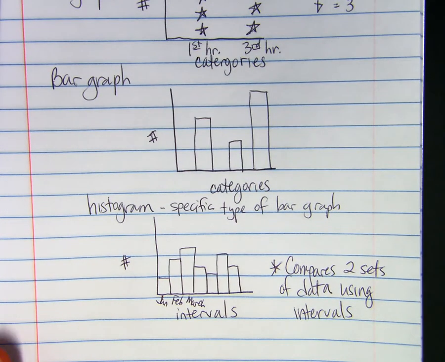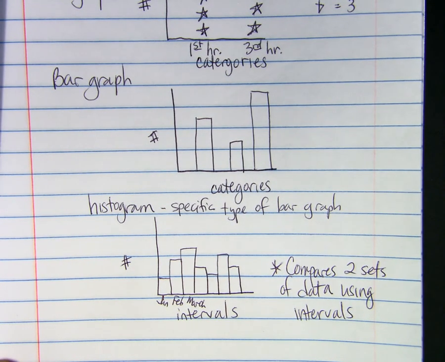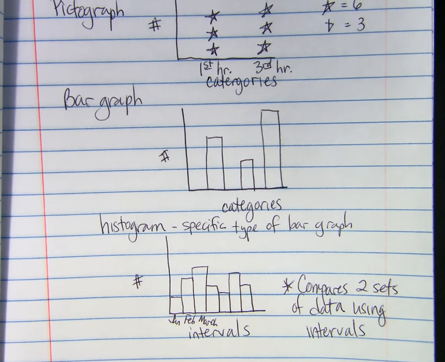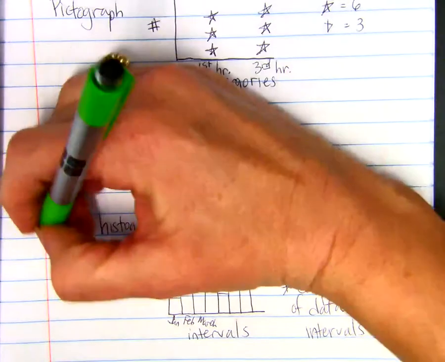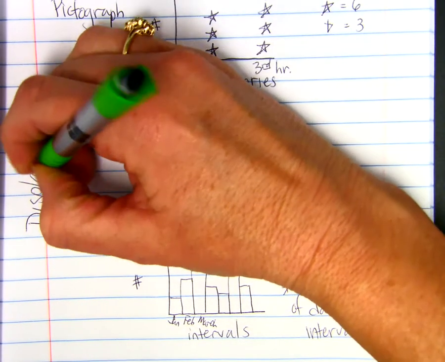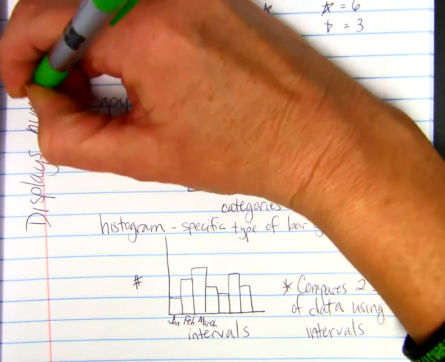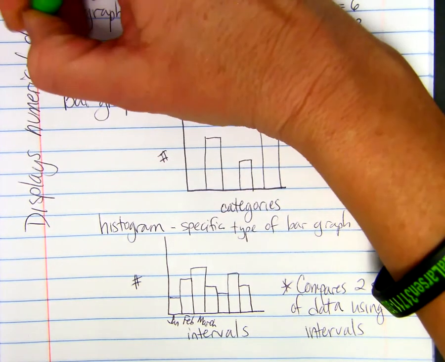These 3 types of graphs display numerical data. So just along the side, write displays numerical data.